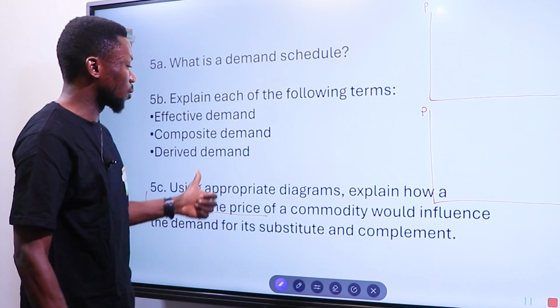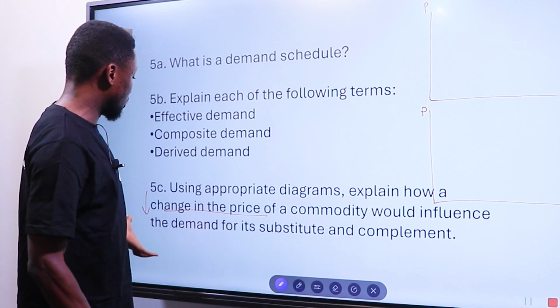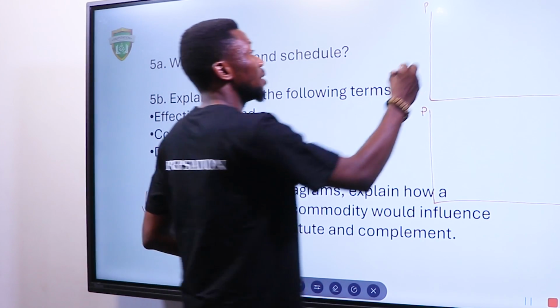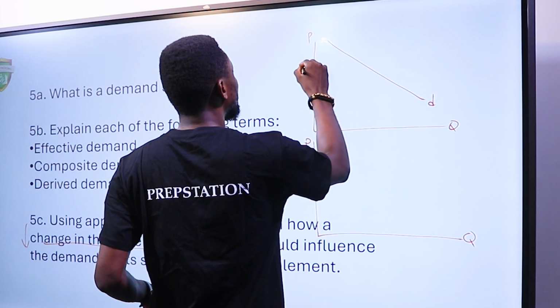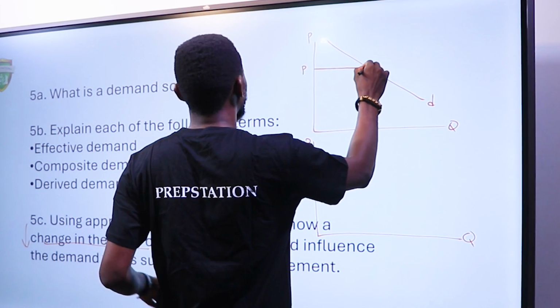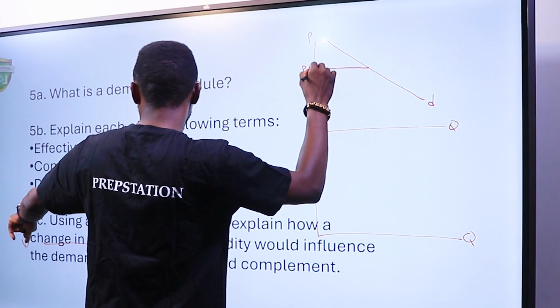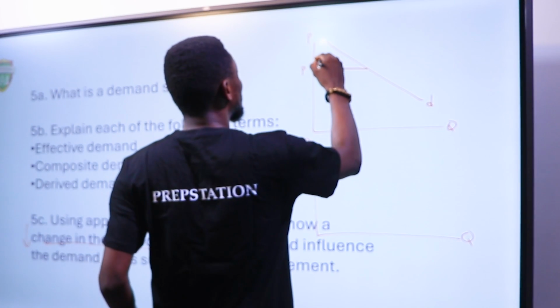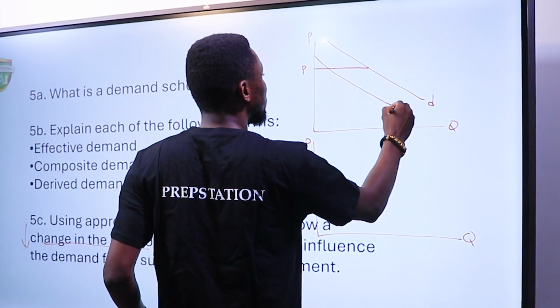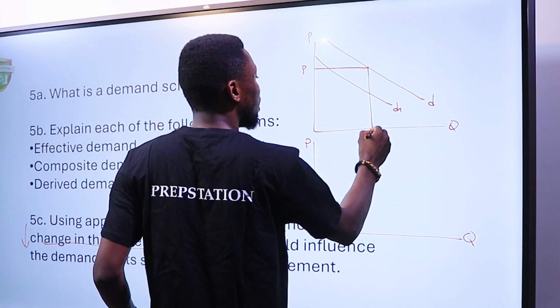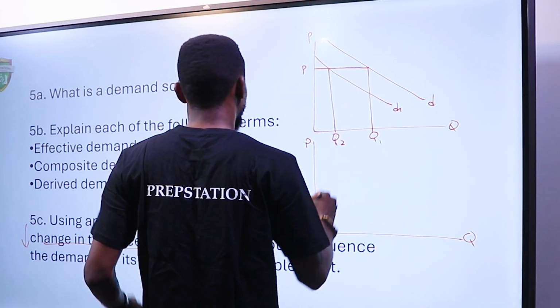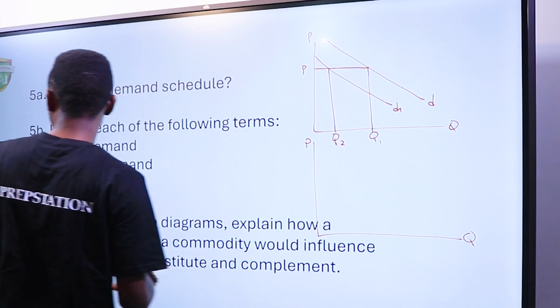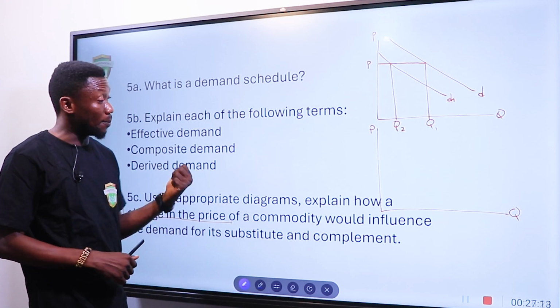Let's say this is the normal demand curve, D, and this is the price here, P. So if the price of the substitute is reducing, it means people will buy less of this commodity, and therefore this will be D1. They will buy less of it. This is Q1, and this is now Q2 for a substitute. Because if the price of Milo reduces, people will buy more Milo and buy less Bonvita.